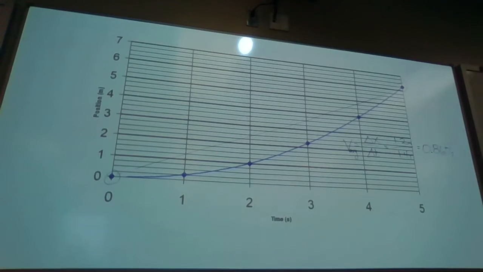It kind of gets us in the right ballpark, but it's not the actual how fast I'm going. What could I do to make this a better approximation? What's a better way to go about getting a closer answer?